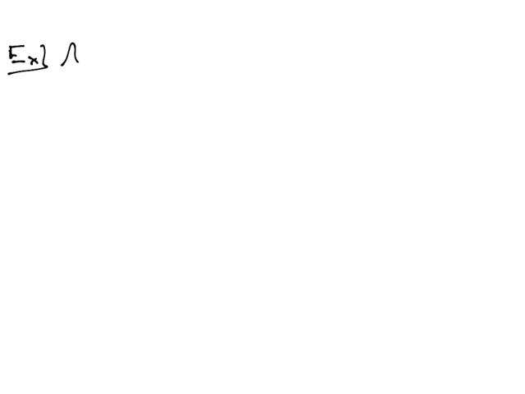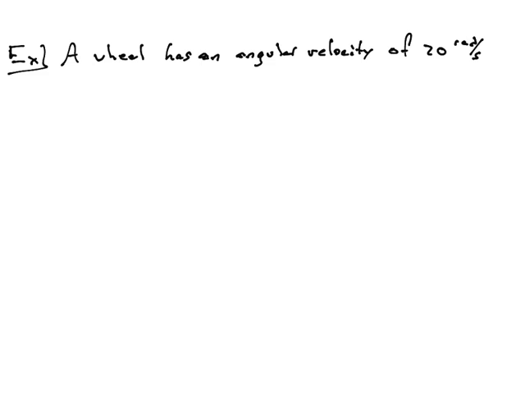All right, a wheel has an angular velocity of 20 radians per second clockwise.